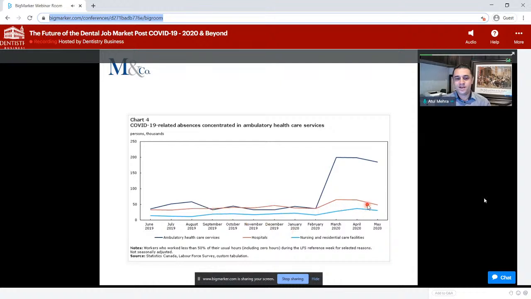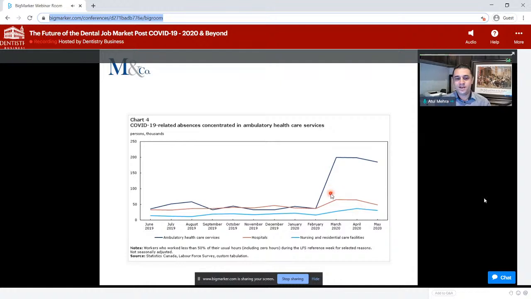Hospitals were relatively flatlined in terms of unemployment; the number of workers that were unemployed didn't spike up too much because the hospitals remained open, and that was where most of the concern was in terms of the medical reorganization. Nursing and residential care facilities are also pretty much flatlined.